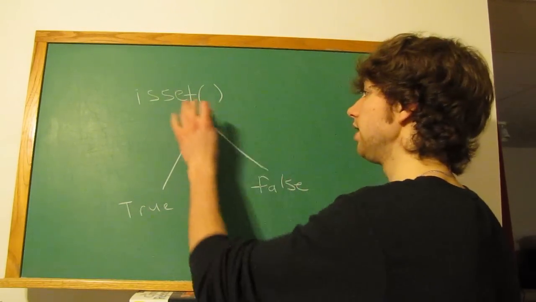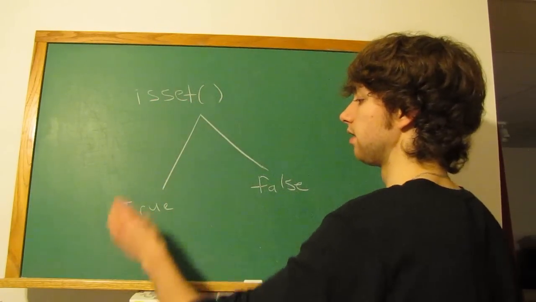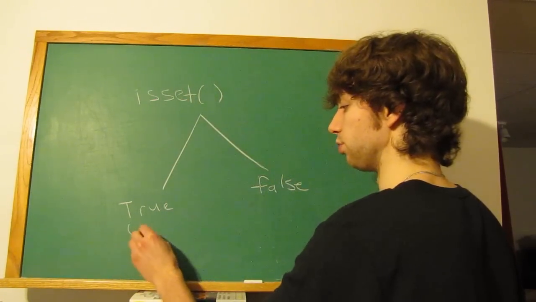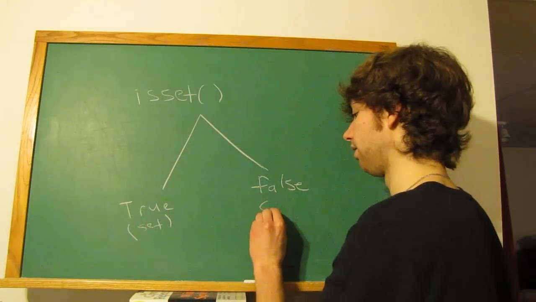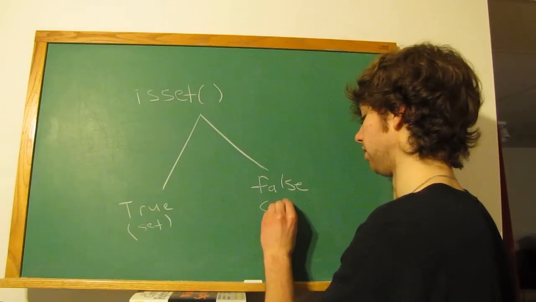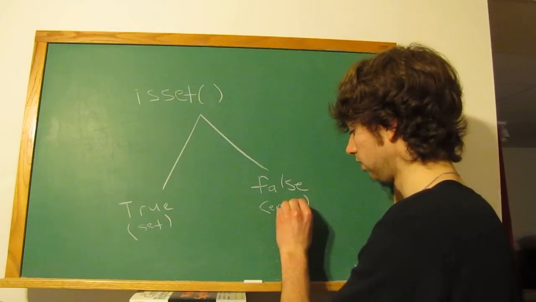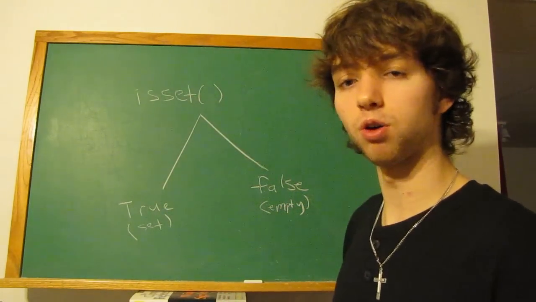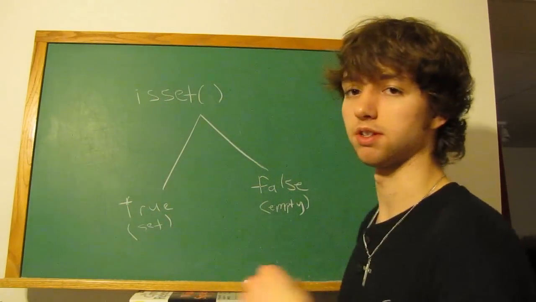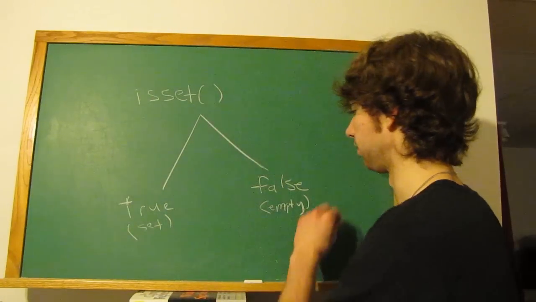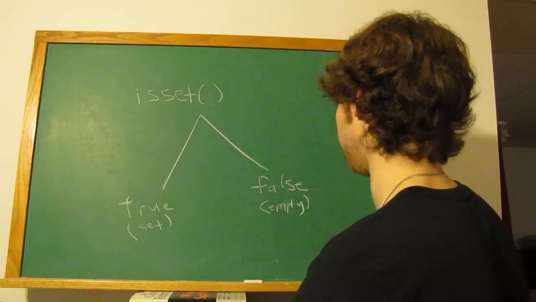If the value is set, it would be true. If it's false, then it would be empty. And then this result, we can test it, so we can check if we get a true result, which means it's set, or we can check if we get a false result.